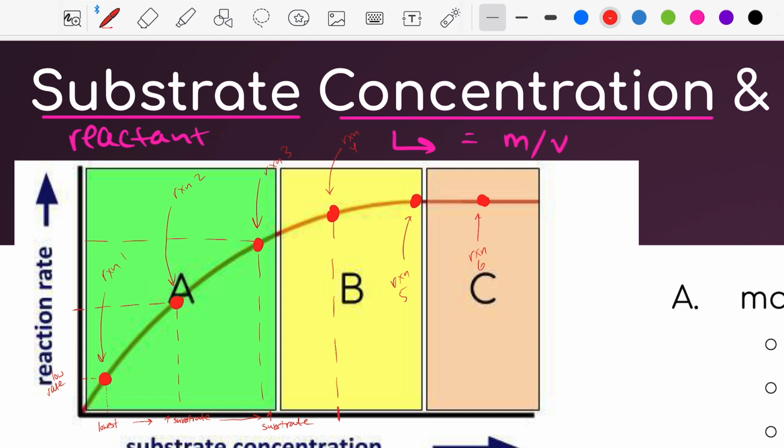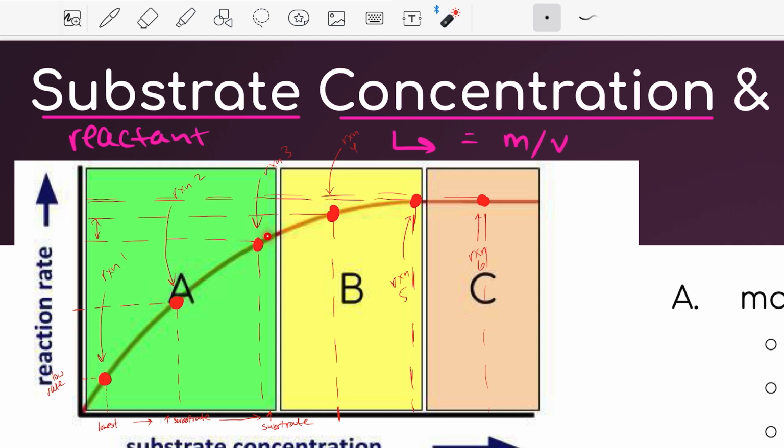Look at the difference here between these two rates. The difference is decreasing, and there's even a point where there's no change at all between reaction 6 and reaction 5, right? These are basically the same.